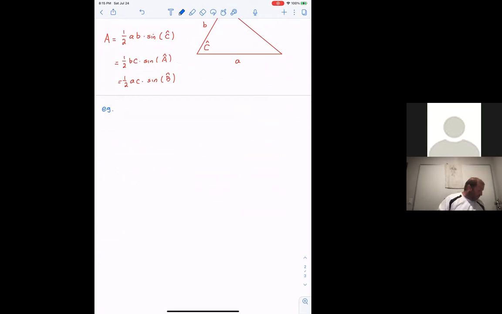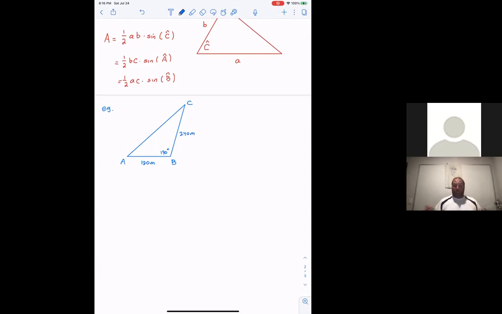It says a farmer owns a triangular plot, triangle A, B, C. There's a picture here in the book, where the lengths are AB equals 120 meters, BC equals 240 meters, and B hat is equal to 130 degrees. And the question is, find the area of the plot to the nearest integer.